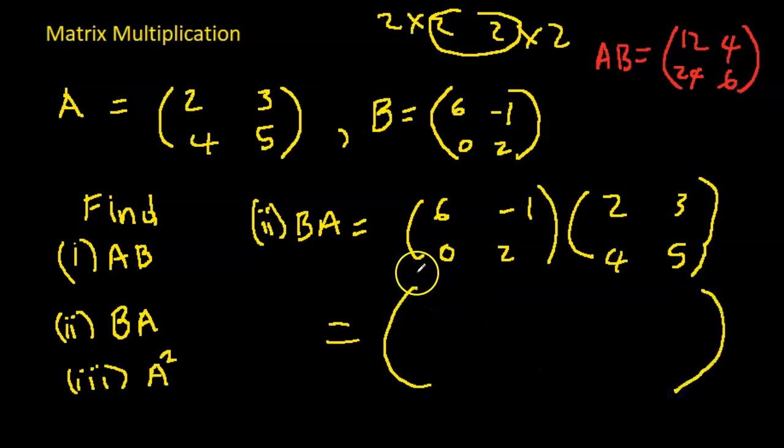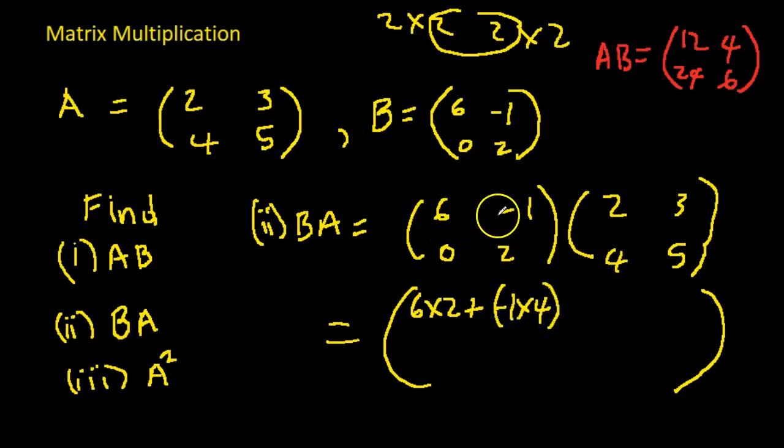Some space for the multiplication. So B times A. So you're applying 6 minus 1 to 2, 4. So the top row, you apply to the two columns one at a time. So 6 minus 1 to 2, 4. So it's 6 times 2, first number times first number, plus the minus 1 times the 4.